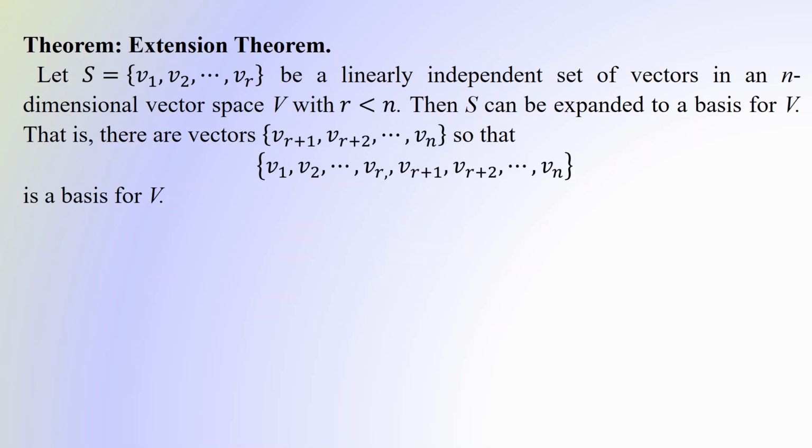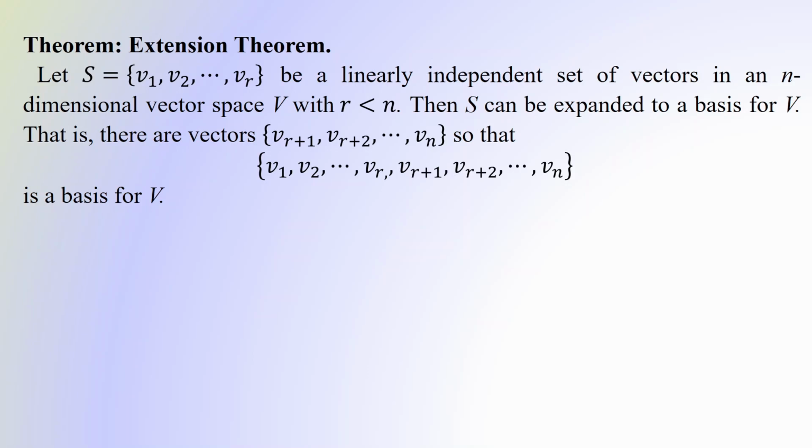As I told earlier, this is a very important theorem. Let's see what the theorem says. Let S = {v1, v2, ..., vr} be a linearly independent set of vectors in an n-dimensional vector space V, with r less than n.